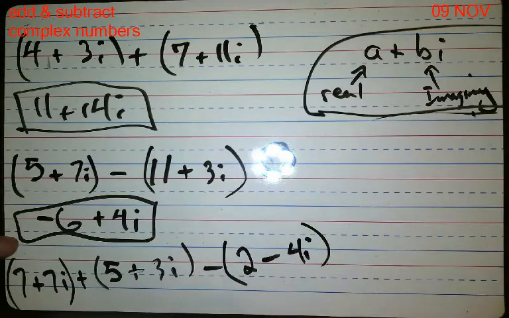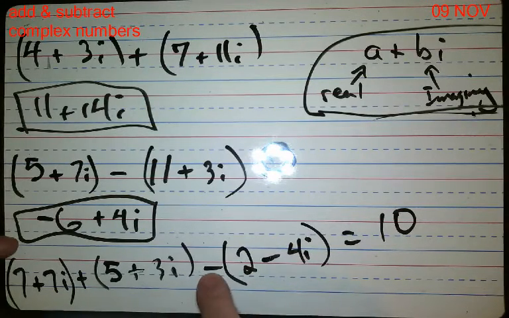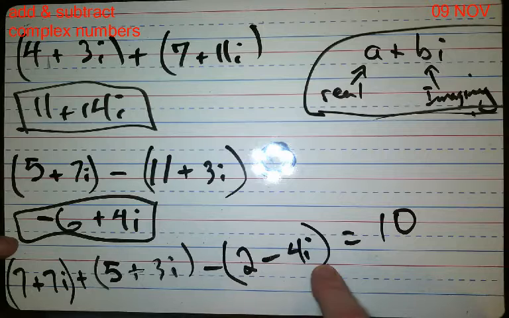Let's do it. All right. So we're adding all the real numbers together. 7 plus 5 is 12, minus 2 is 10. So the real number part is 10. And then 7i plus 3, that's 10i, minus 4.